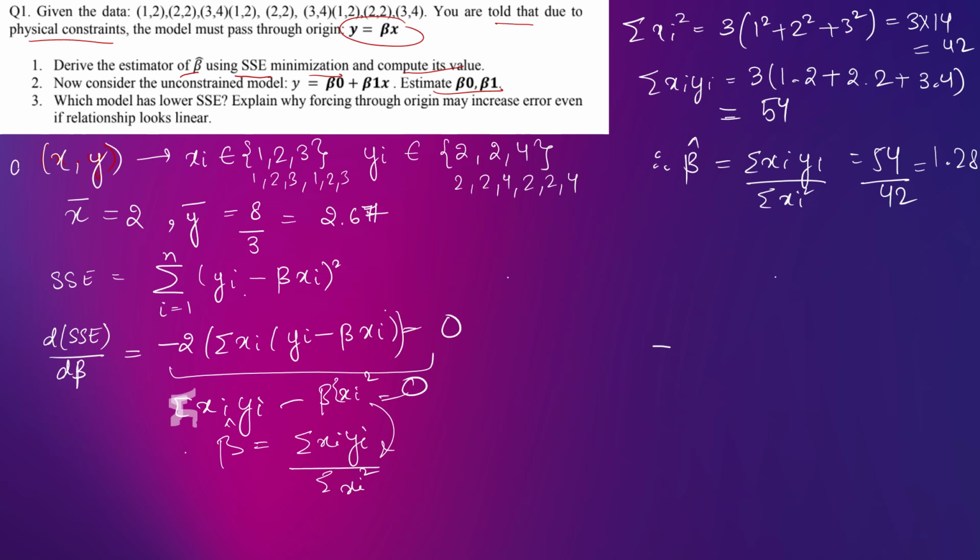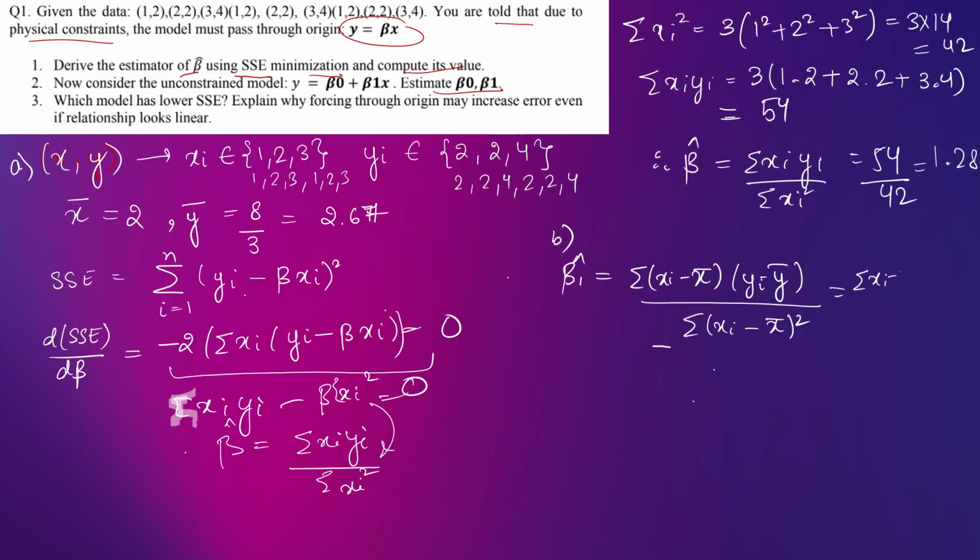Now this was the first part. The second part is to calculate beta 1 bar and beta naught bar. Beta 1 bar is equal to summation of (xi minus x bar)(yi minus y bar) upon summation of (xi minus x bar) whole square. This can be reduced and written as summation xi yi minus n x bar y bar upon summation xi square minus n x bar square.